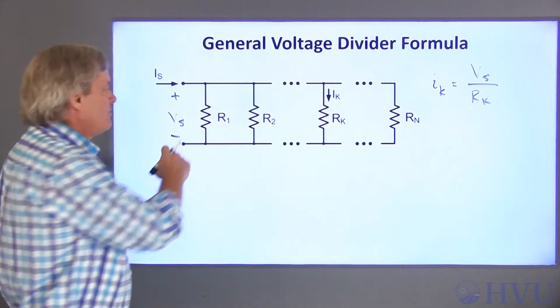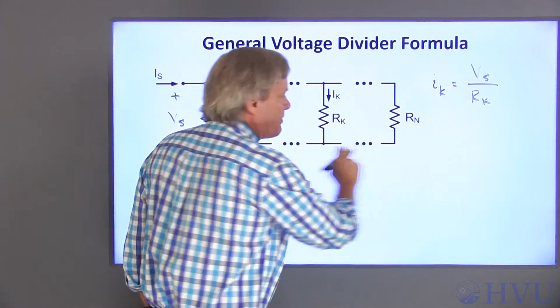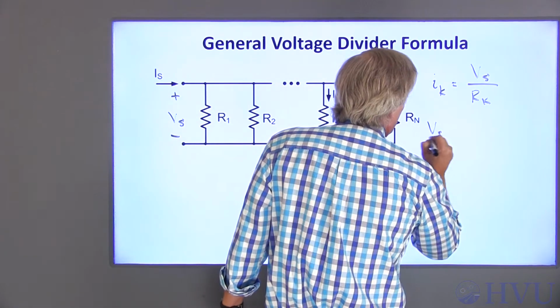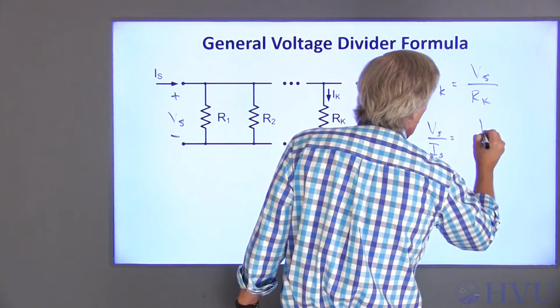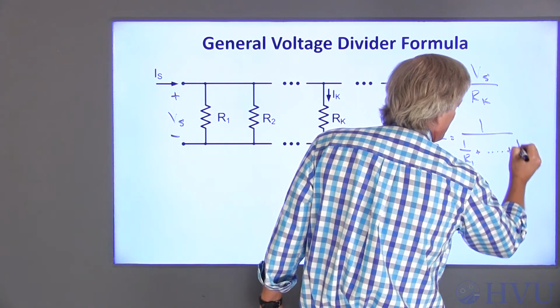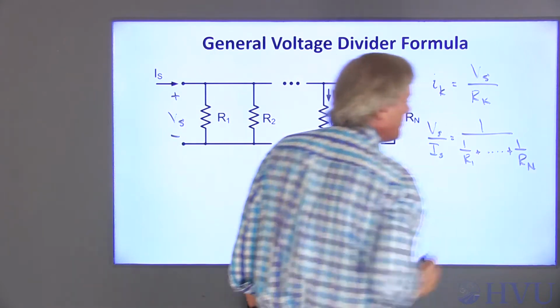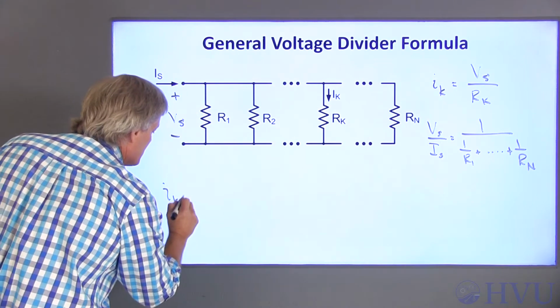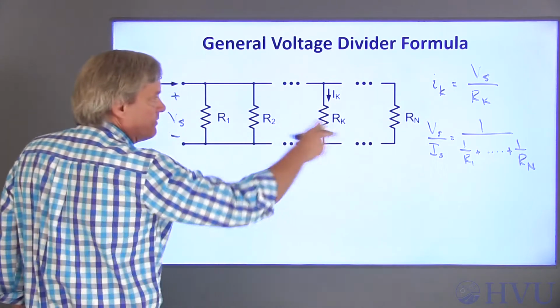We also generated the voltage-current relationship for a set of arbitrary number of parallel resistors. That was V sub s over I sub s is equal to 1 over the quantity 1 over R1 plus the inverses of all the other resistors up to 1 over Rn. Now going back to this formula, I sub k is equal to V sub s.